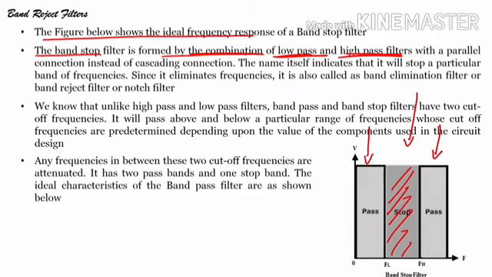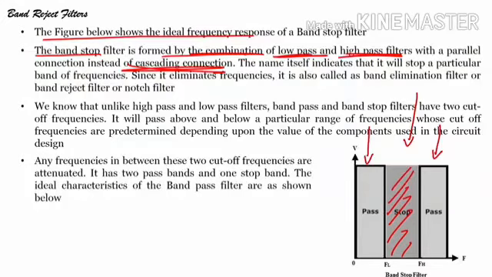So, band stop filters can again be formed by using low pass and high pass filters. In the case of the band pass filter, we were cascading the low pass filter and the high pass filter.